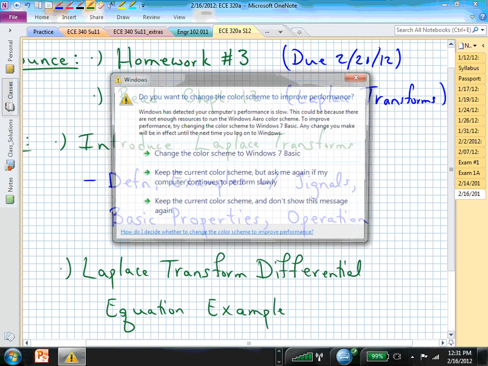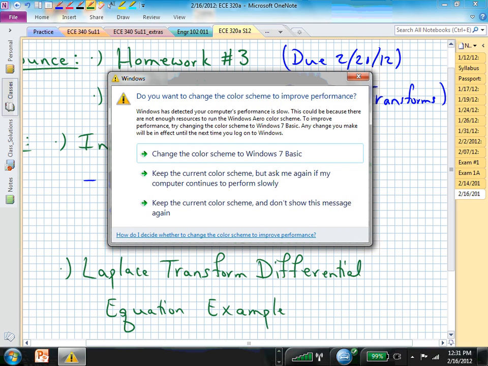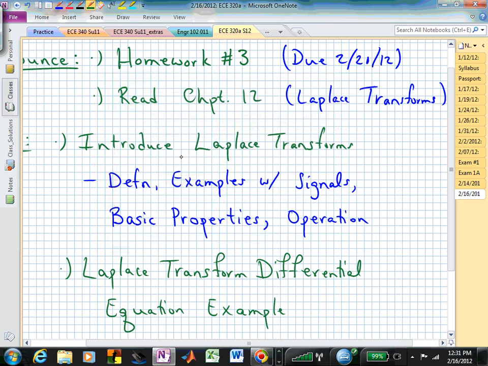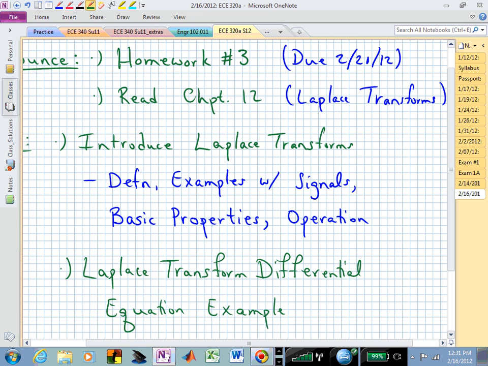We will define the Laplace transform. We will look at some examples of computing the Laplace transform of some very basic fundamental signals. Then we will talk about basic properties, homogeneity and superposition.